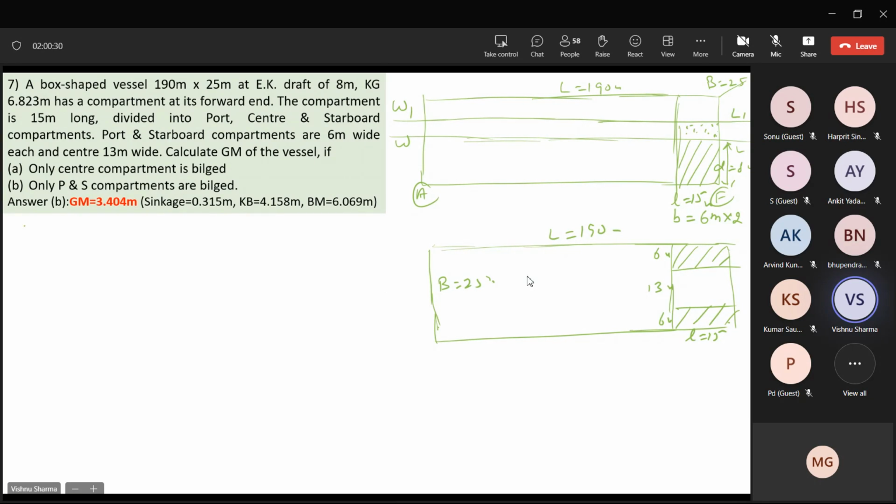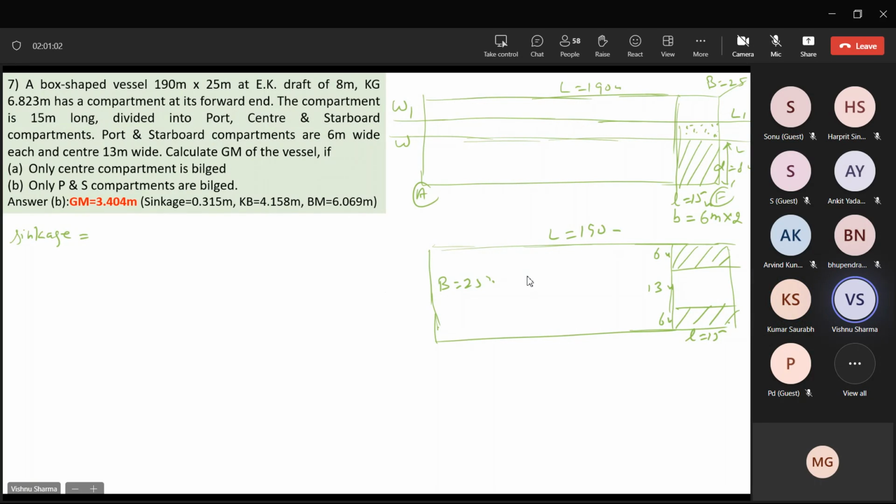Now we find out the sinkage first. Would you like somebody to find? Answer is given 0.315. Is it coming so? See if it's coming so. Anybody who's not getting sinkage, let me know. 0.315. Calculate and see. Yes, sir, 0.315. Okay.